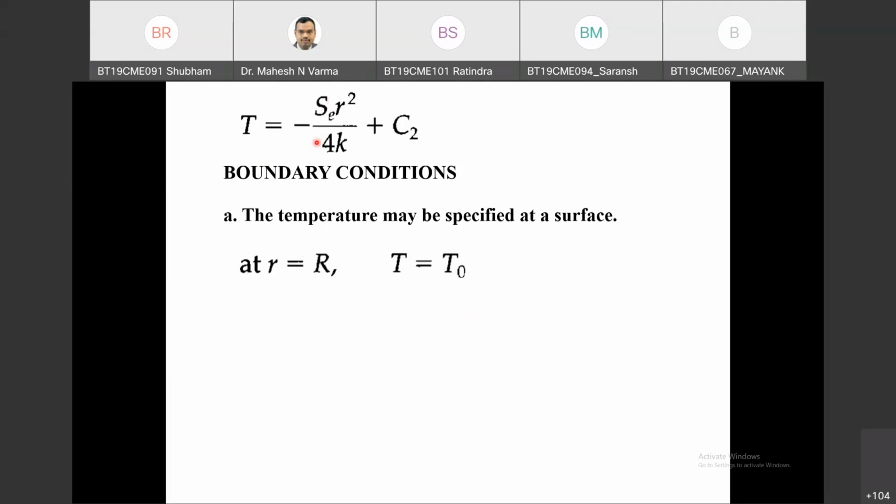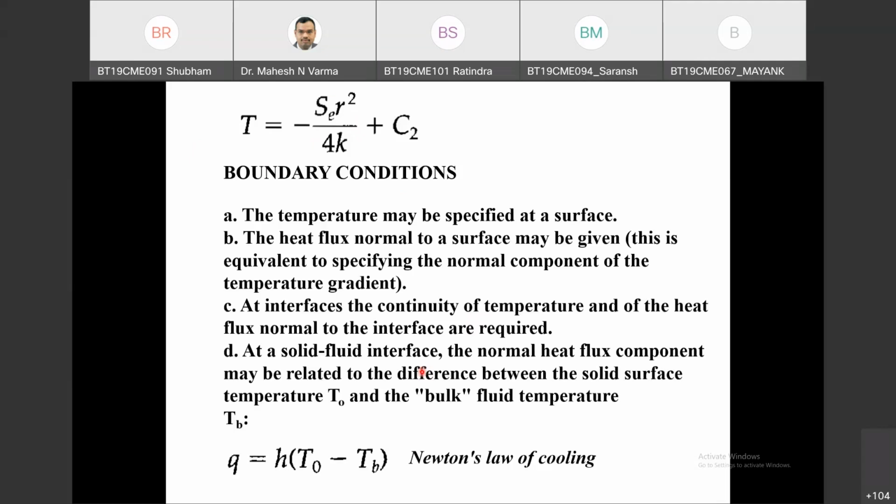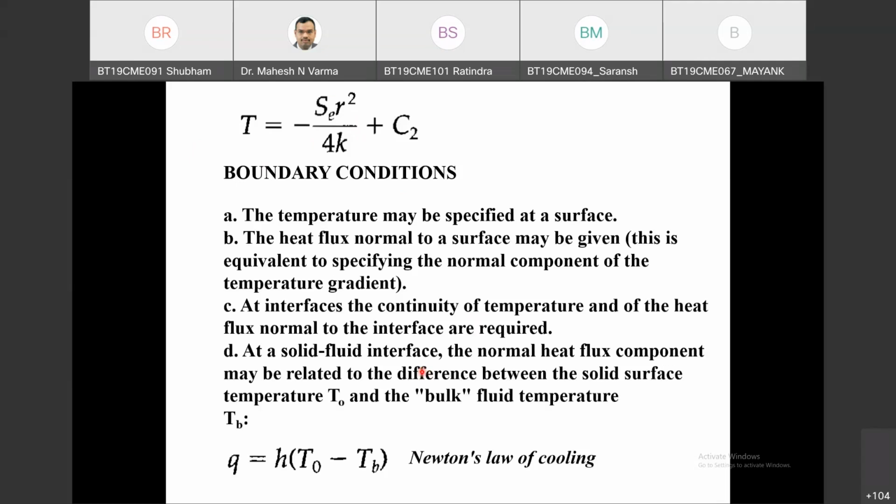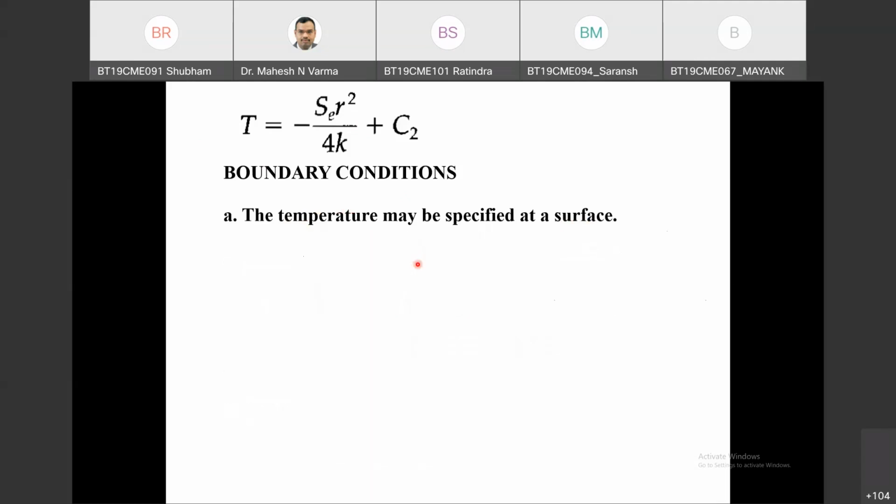But here I need a temperature boundary condition, so this boundary condition will not be useful. Instead of that, you will be using a combination of these two boundary conditions. So the temperature at the surface can be estimated by using the heat flux normal to the surface, which is given because T air is given and heat transfer coefficient is given.